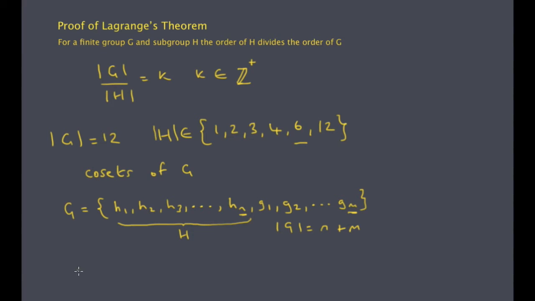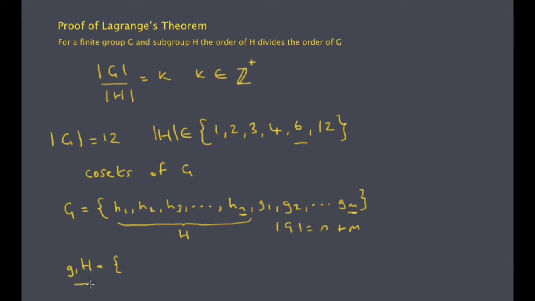Now to form a coset, we take any element of G, so we'll take G1, and we multiply it by all the elements of the subgroup. We can do this multiplication on the left or on the right, and on the left we have left cosets, and on the right we have right cosets. This proof will just use left cosets, but it works equally well with right cosets.